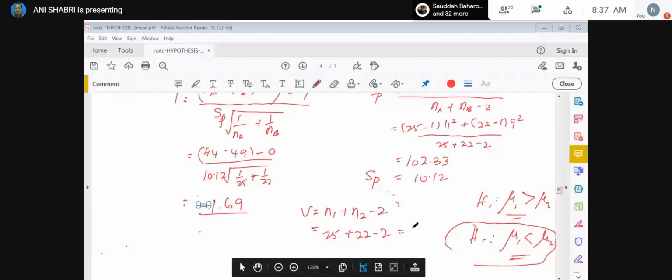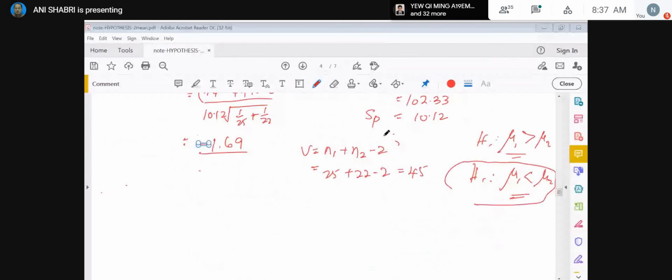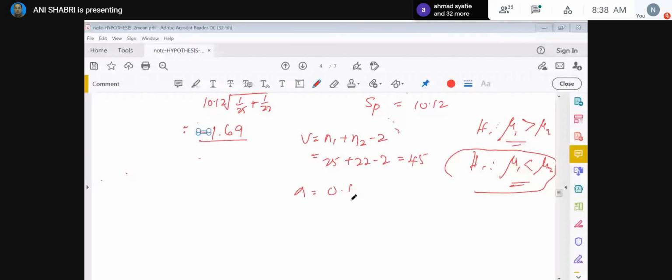Okay, if you see this one less, this one less, we must do the graph on your left. This one alpha is equal to 0.1. Okay, look at T distribution. Alpha no need to divide by 2. T is 0.1, V is 45.